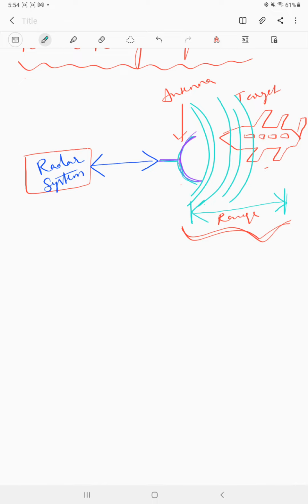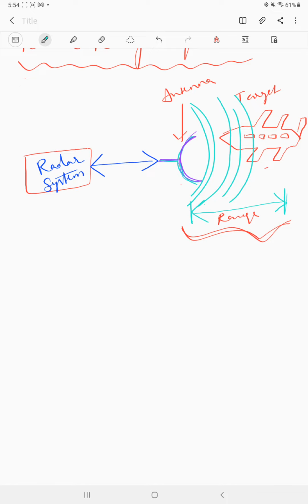Here, what does the transmitter antenna do? The transmitter antenna transmits the signals, and the signals travel a distance towards the target. So what will be the power density by an isotropic source?